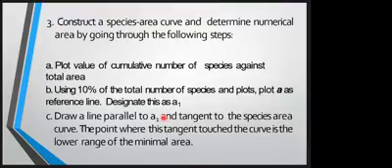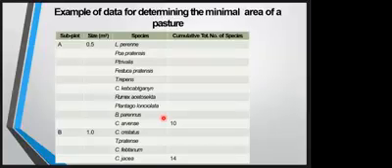So, okay. Next is example of data determining the minimal area of a pasture. Like for example, in subplot A, that is 0.5 square meters, no? Then these are the particular species present in the area. So, sa 1 square meter, then definitely kani siya ang mga present in the area. So, nakita ninyo nga kani si size 0.5. Ang nakita na dari kay si Arvense.